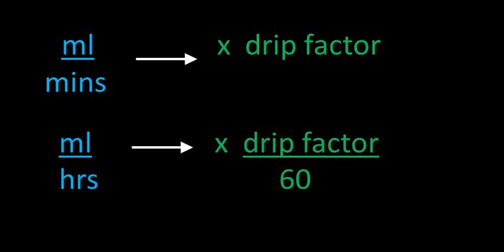If on the other hand, after setting up the question we had milliliters per hour, possibly the more common one, then we not only have to multiply by a drip factor to take care of the milliliters converting to drops, but also we have to have 60 as well to take care of the hours converting into minutes. In other words, we're going to multiply by drip factor over 60.